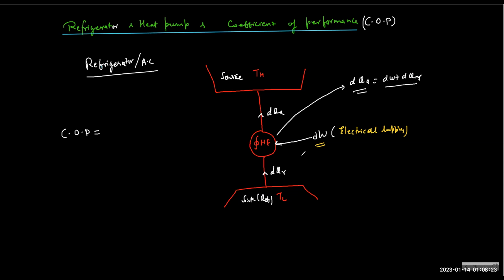Oh, no, sir. Okay, what is your job? You want to throw the energy out of your room or out of the refrigerator, right? Yes, sir. So a better performance will have more dQR or less dQR? More dQR, sir. Right. So we are talking about how well my refrigerator is performing. To make this happen, you're doing some work, right?